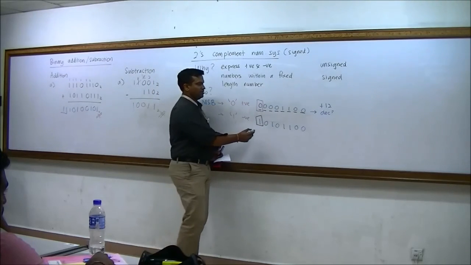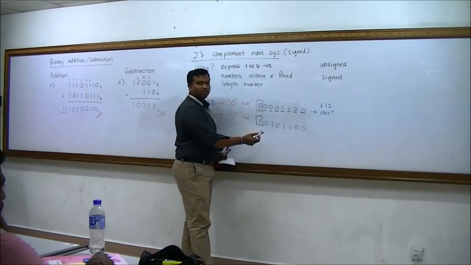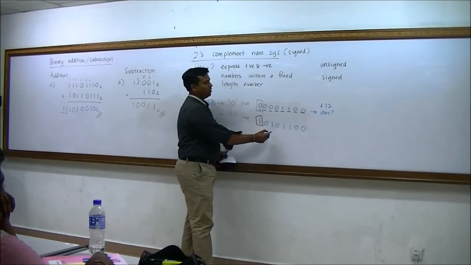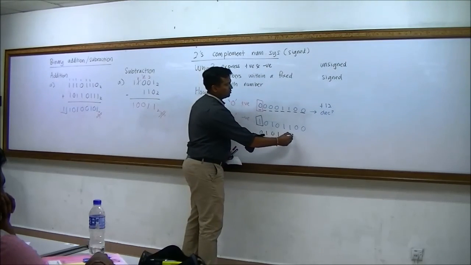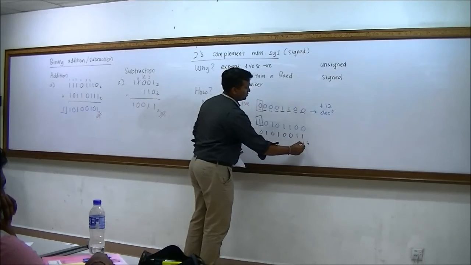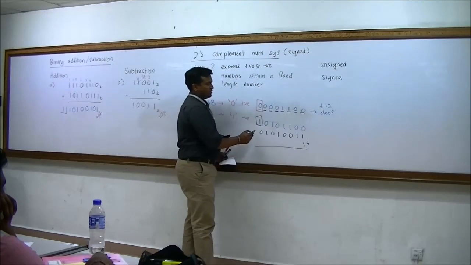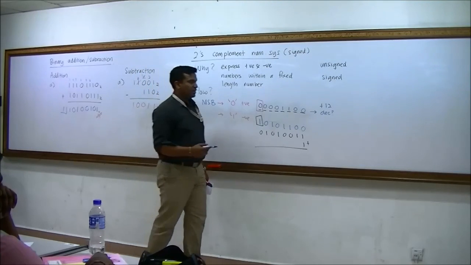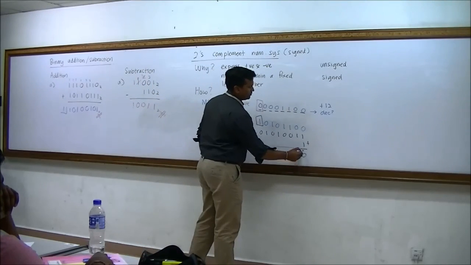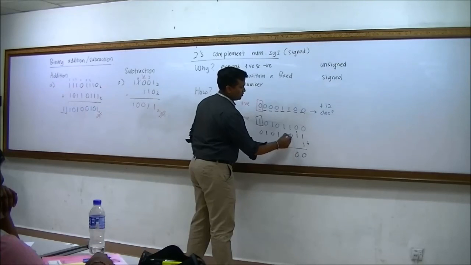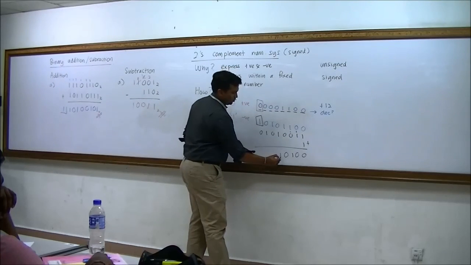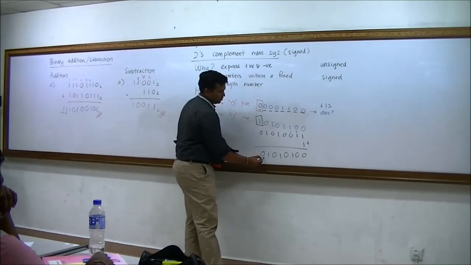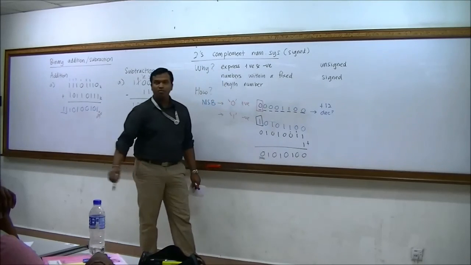First complement means you toggle everything, so 0 becomes 1, 1 becomes 0. And then you plus 1. By adding 1, you make it the 2's complement. Now you see that it has become positive.